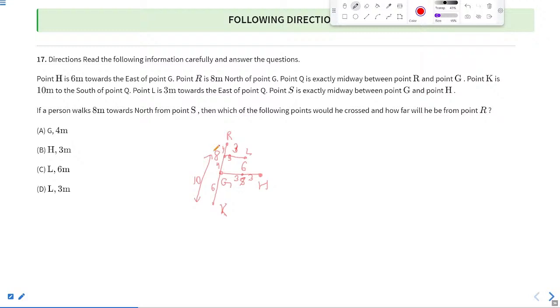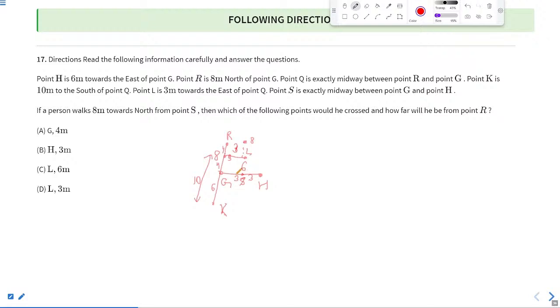If a person walks 8 meters towards north from point S, how many points will be crossed and how far will he be from point R?